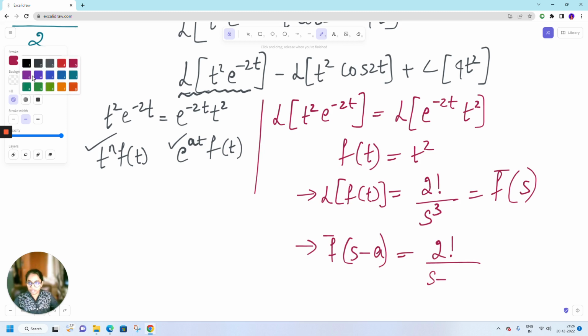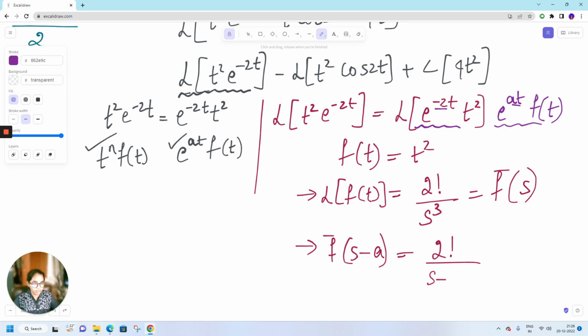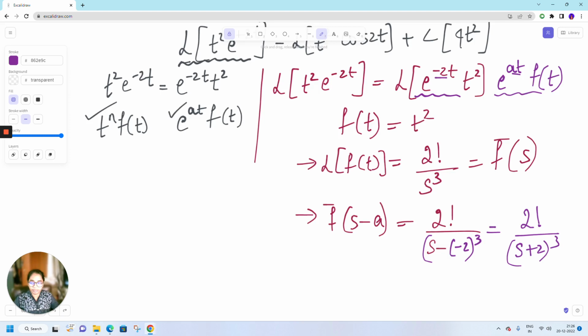For shifting property, the question should be in the form of e power at into f of t. Compare these both now. In place of a, I have minus 2. Agree? So in place of a, I would have to write s minus of minus 2, the whole cube. So our answer is 2 factorial divided by s plus 2 the whole cube.